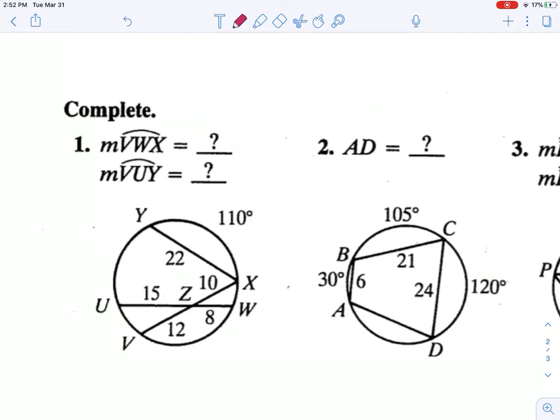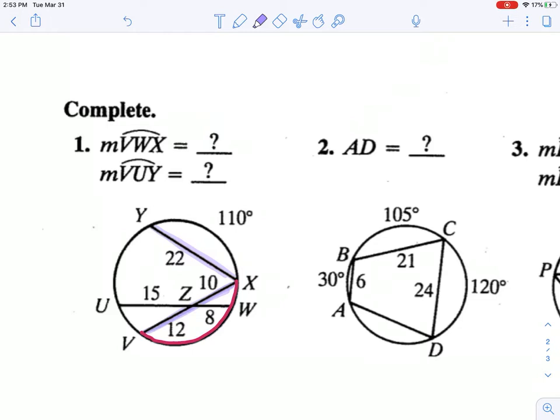I like them. The measure of arc VWX, that's this guy right here. That's what I've got to figure out. Let's see. Well, the chord is 22, and those 2 lavender chords are both 22.